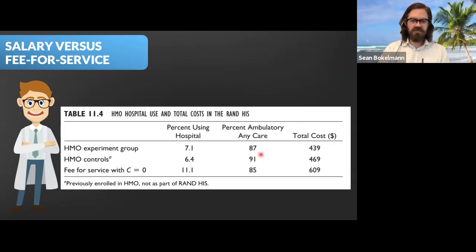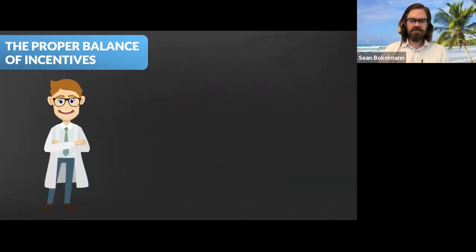There's not much of a difference in ambulatory care, which is stuff other than hospitals. The total cost is in fact lower and is lowest for the experimental group. So definitely some cost savings, and it seems like most of it's coming from fewer hospitalizations more than anything else.